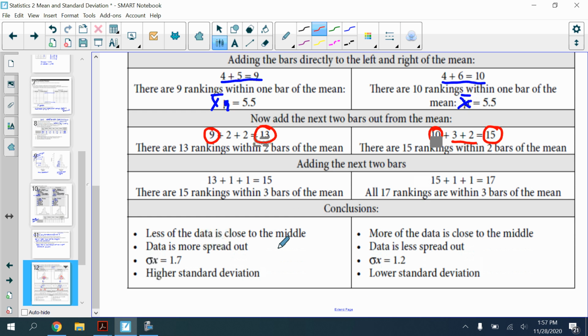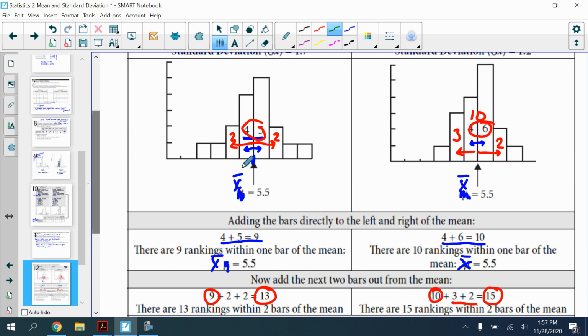And adding the next bars out from the mean. Let's go green. So now we're going 3 bars from the mean and 3 bars from the mean.